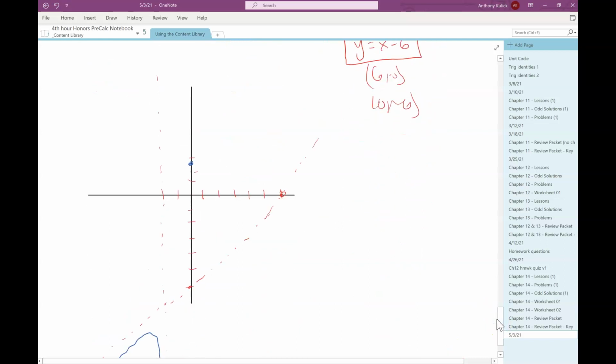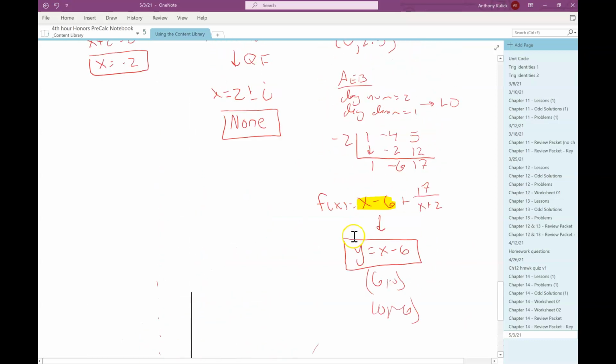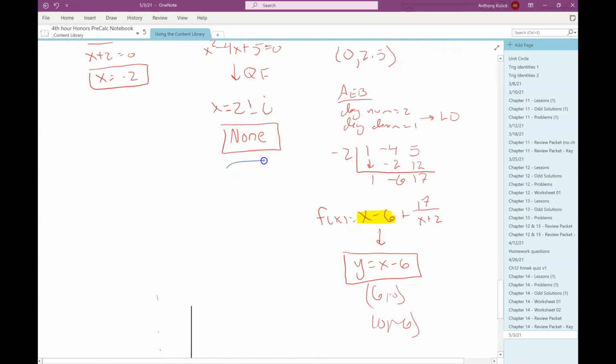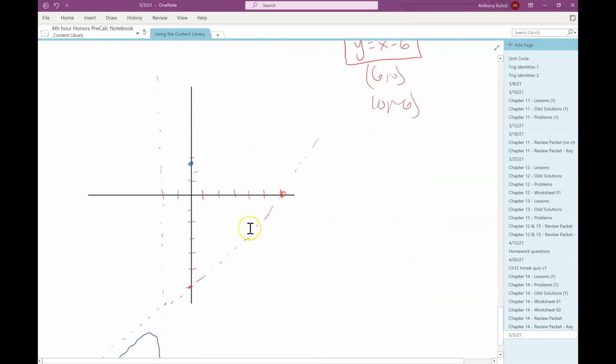So I have one other piece of information that's going to be pretty important to me before I try to draw this next piece of the graph. And it's remembering that I have no x-intercepts. So when I draw this next piece, I have to make sure that I don't cross the x-axis.